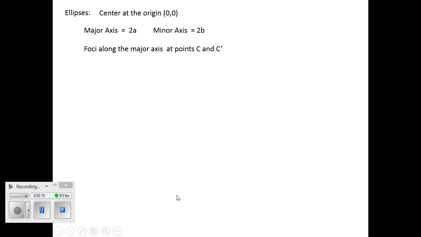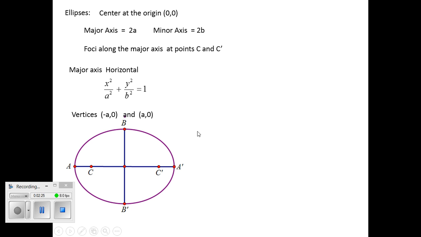We're going to say, as pointed out here, taking a look at an ellipse centered at the origin of this variety, x squared over a squared plus y squared over b squared equals 1. The orientation with a being larger is with the major axis along the x, and it being of length 2a.